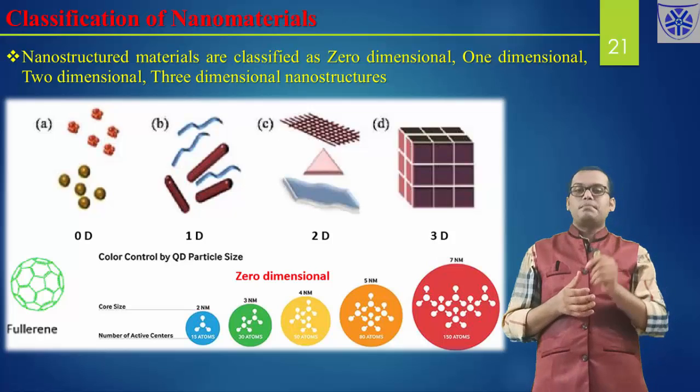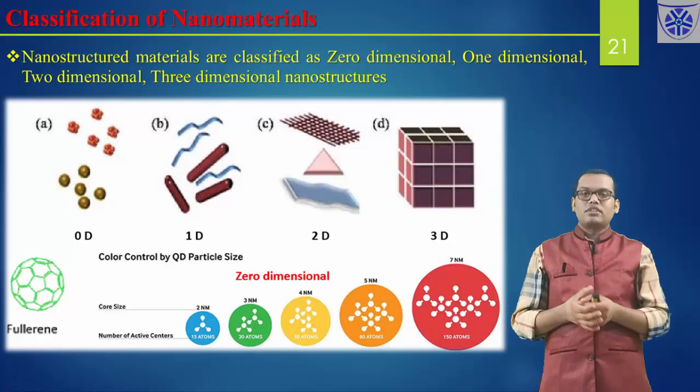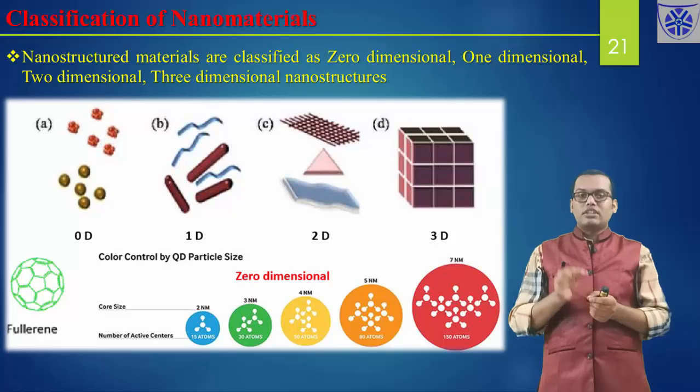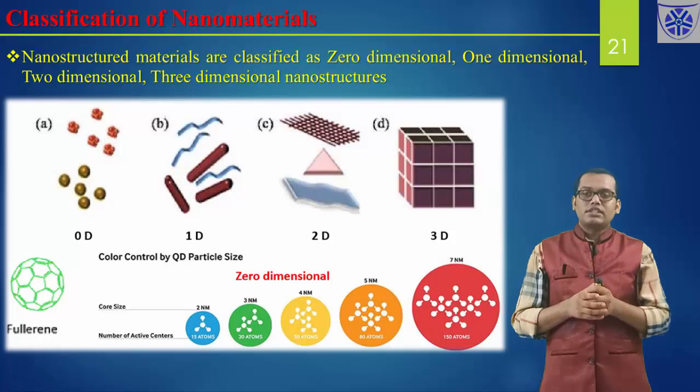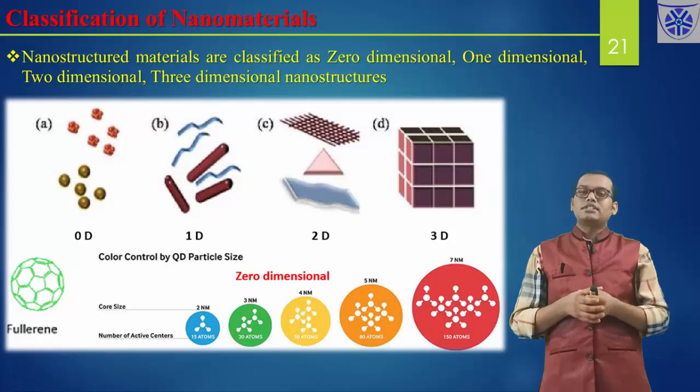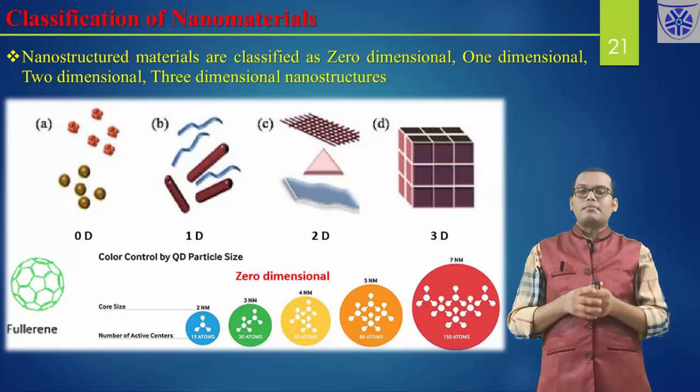Very tiny particles, for example quantum dots, cadmium sulfide quantum dots, lead sulfide quantum dots, or graphene quantum dots. Typically the quantum dot size is 1 to 10 nanometer. Within that 1 to 10 nanometer, whatever nanoparticles you can synthesize, you can call a quantum dot. That is called 0 dimensional material. You see it like a dot, a point, so it doesn't have any dimension.